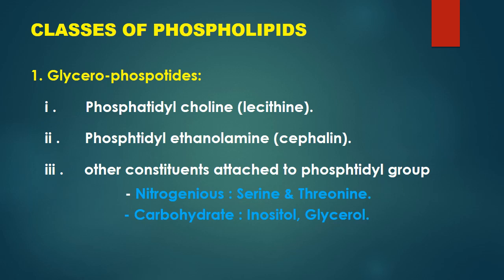The third category has attachment to the phosphatidyl group of other constituents like nitrogenous substances, serine or threonine, which are amino acids, or some carbohydrates like inositol, glycerol. So these are the glycerophosphatides or glycerophospholipids.